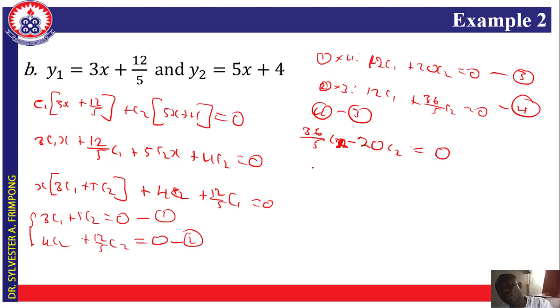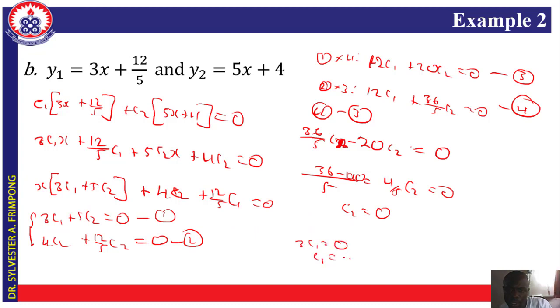So when you do this, you're going to get 36 minus 100, over 5, c2 equal to 0. So when you solve this, you're going to get c2 to be 0. And if c2 is 0 and we substitute in equation 1, that means 3c1 is also 0, and that means c1 is 0. So apart from 0, 0, no other numbers can make it. Therefore, we are saying that y1 and y2 are linearly independent.